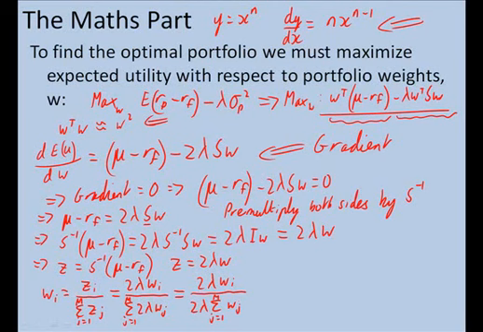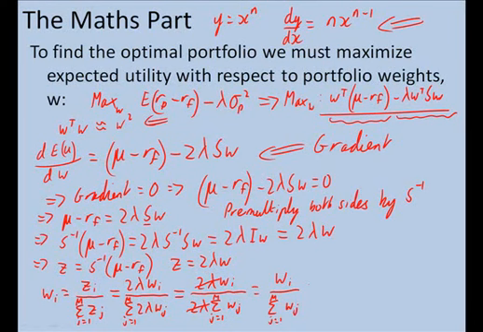It's common to all stocks. And now look what happens. We have 2 lambda at the top, which cancels with 2 lambda at the bottom. We're left with Wi divided by the sum from j equals 1 to m Wj.